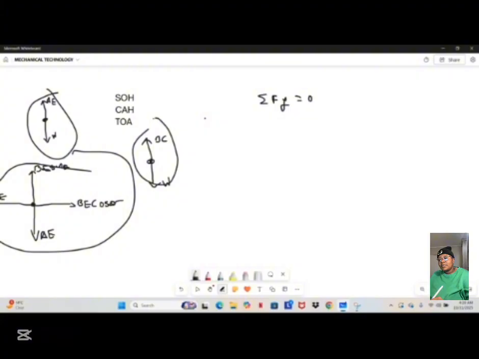Okay, then BC will be 40 multiplied by 9.8, which is equal to 0.